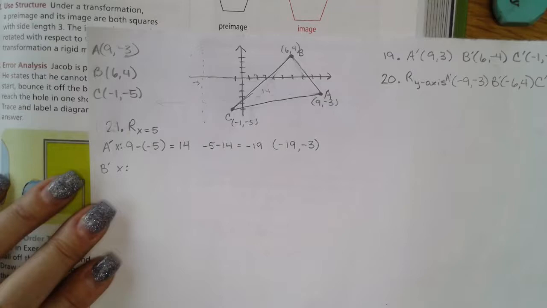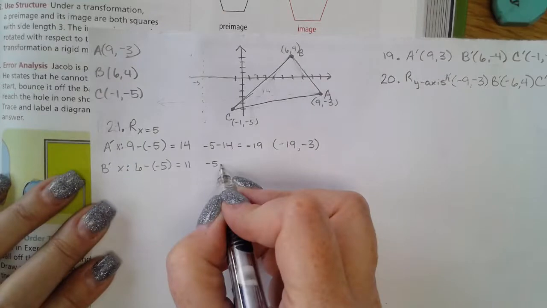So C prime, no, the y's aren't changing. Okay, now what am I going to do here? Negative 1 minus a negative 5.